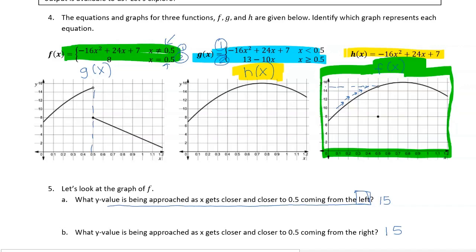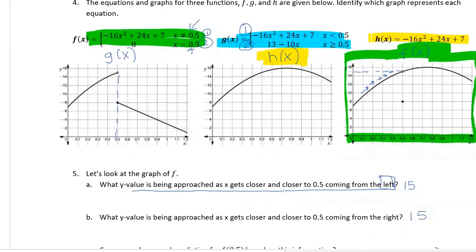And that is the answer we have. To write that mathematically, I'm going to say that we have the limit as x approaches 0.5 from the left of f of x. That's going to equal 15.